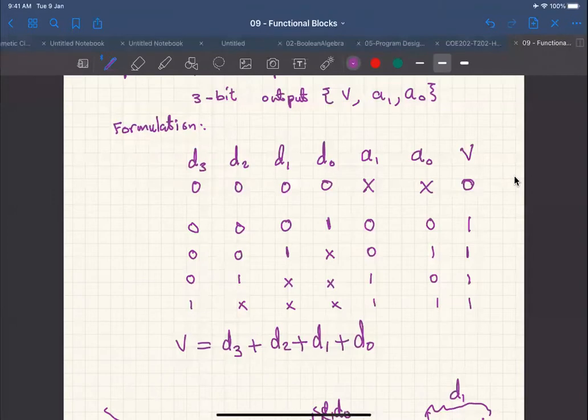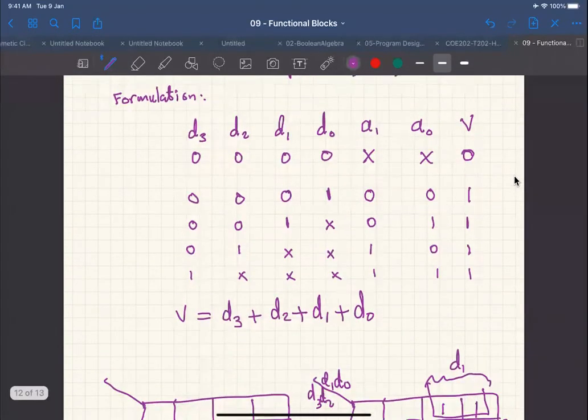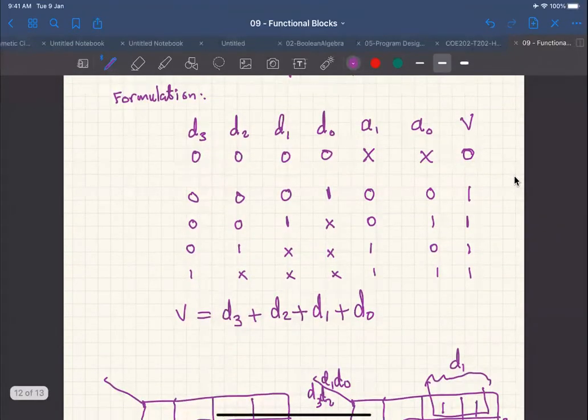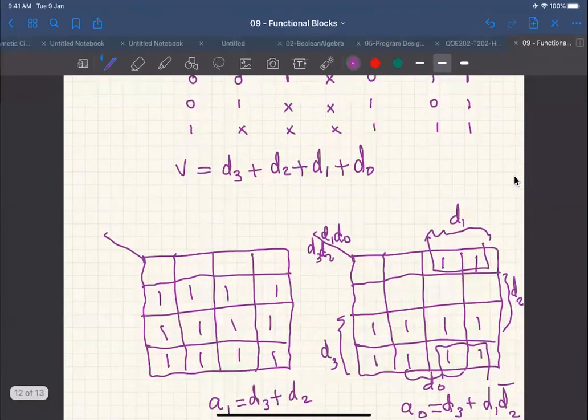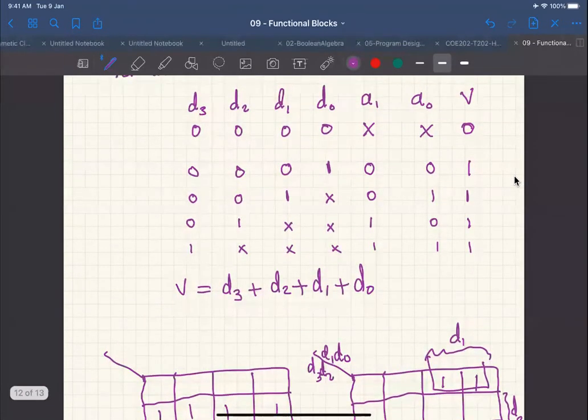Okay. And for A1 and A0, you have to have 2 K-maps here. For A1, for example, I have a 1 here, which corresponds to these values. These values correspond to which min terms?